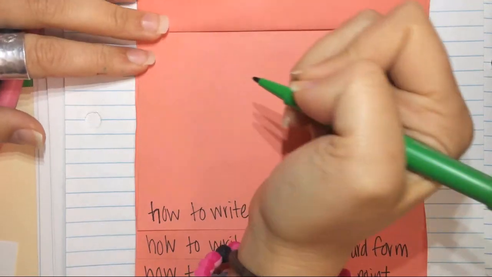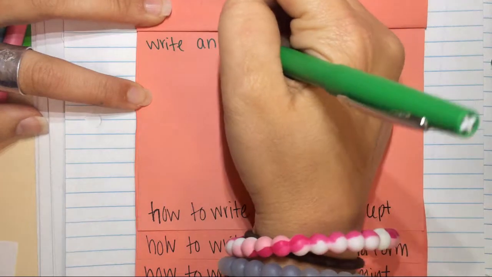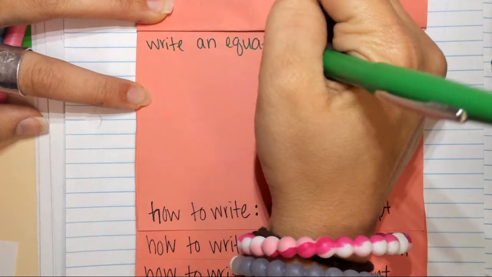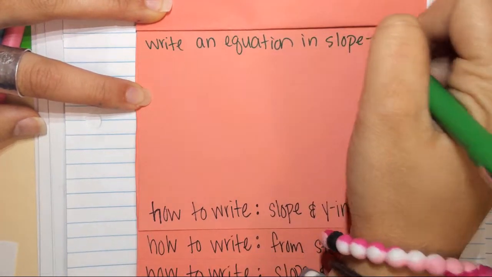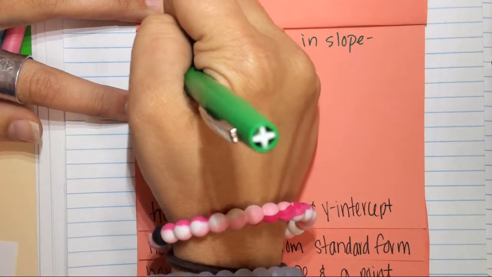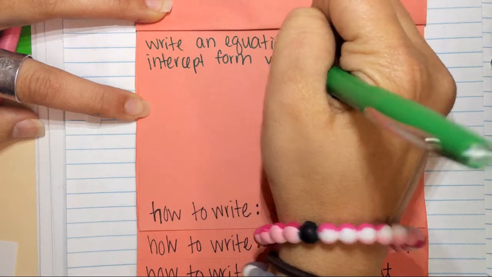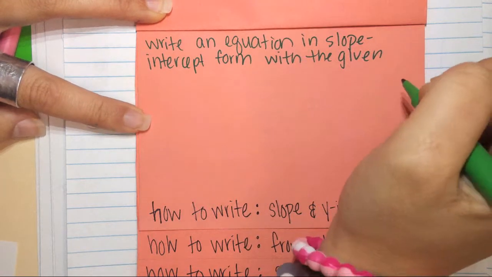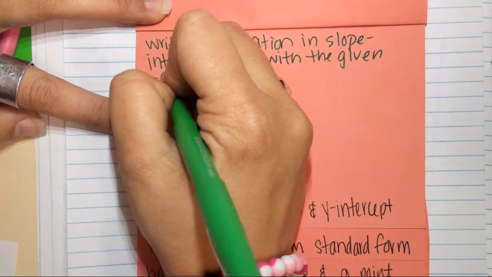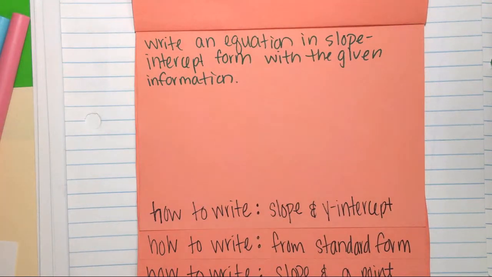Okay, so what the directions are going to say is it'll say write an equation in slope-intercept form with the given information.